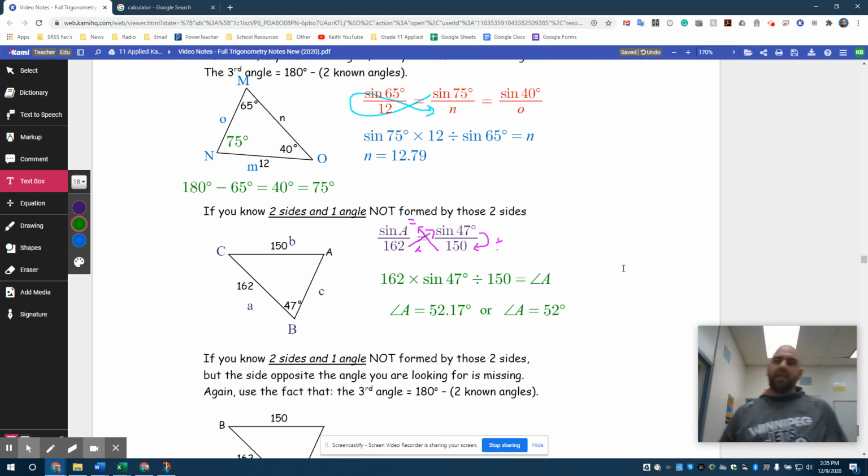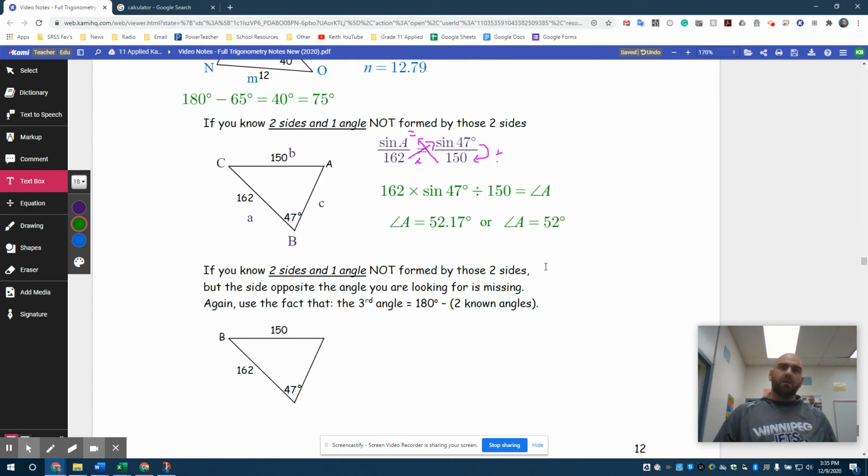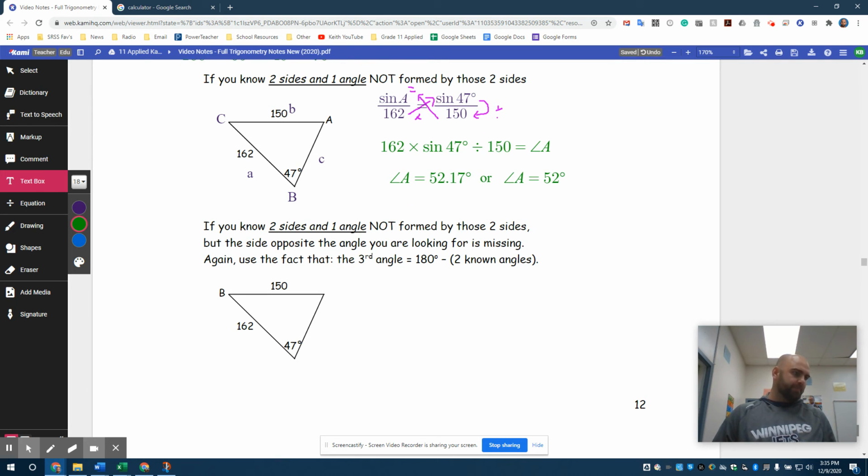So that gives us that angle A is 52 degrees. All right, so that would be angle A. We could then find angle C, and then we could find little c if we really wanted to. But in this case, we're just asked to find A.